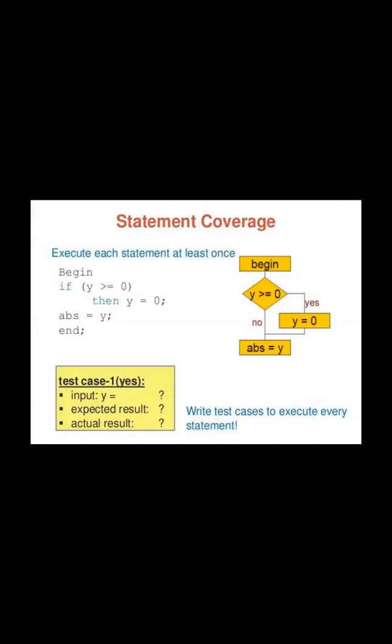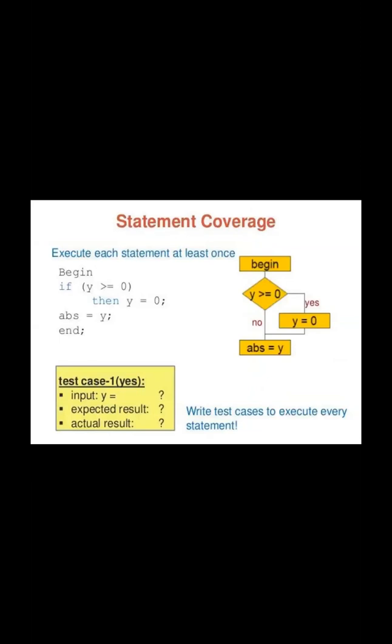To represent how the statement coverage is performed, we take the code and generate the corresponding control flow graph for the given code, and for the variables available in the code, here we have the variables like y and abs. So for y, if you give the value as 1, what will be the expected result?